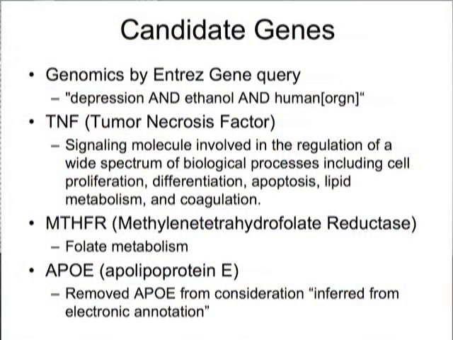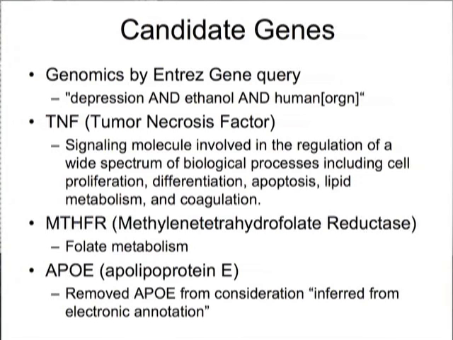So I generated my candidate genes by a simple database query. In this case, I used the Entrez Gene database that NCBI provides to us, and my query was simply depression and ethanol and limited it to the human organisms.